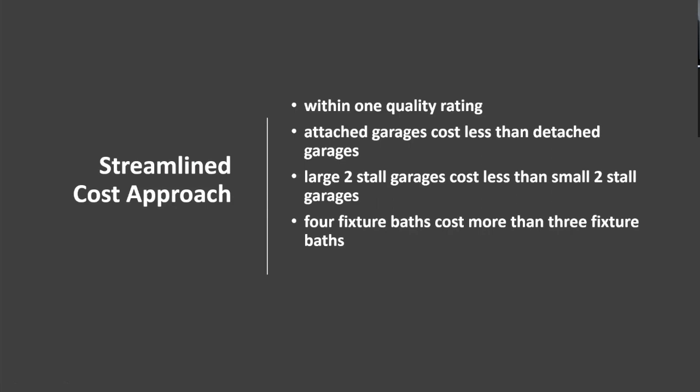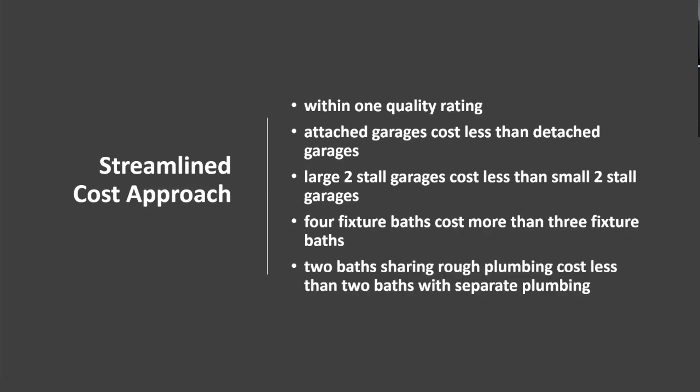And then getting back to the bathrooms, a 4-fixture bath, meaning it has a tub and a shower, toilet and sink, they cost more than a 3-fixture bath. But they're treated in my MLS or in an appraisal as 1 bath, right? It meets all the needs that a person has for hygiene.